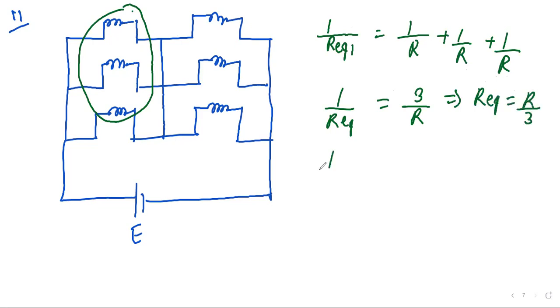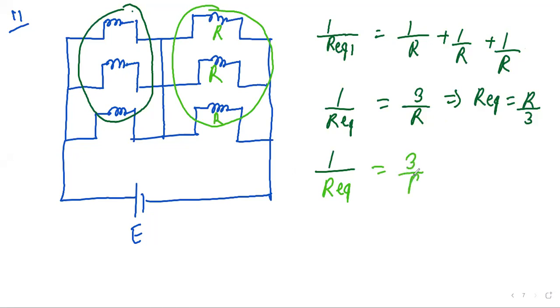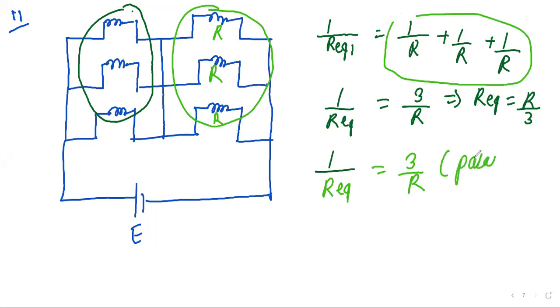Right. Now for the second parallel condition, suppose I want to find this part. It is also equal to R. Then 1 upon R equivalent is equal to 3 upon R, right? We are adding these three values reciprocally because they are connected in parallel.